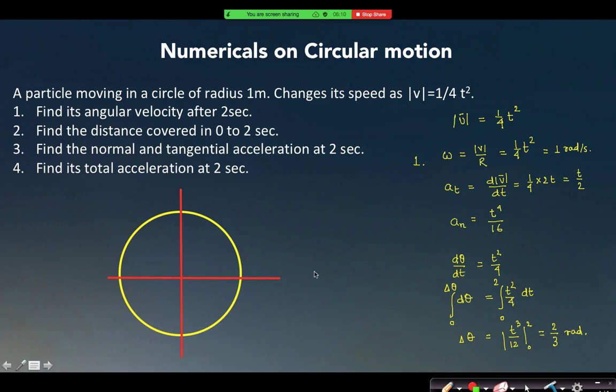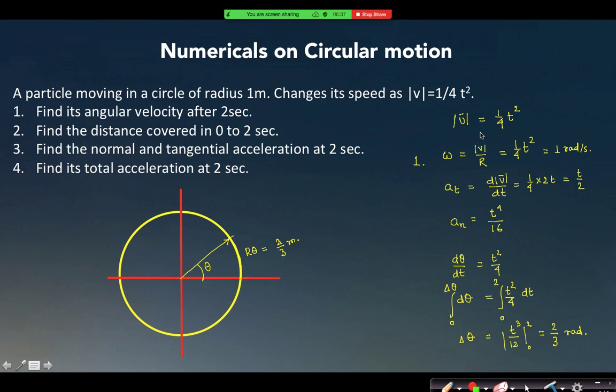Suppose the particle was initially here and finally the particle is here. So the angular displacement of the particle is theta. What is the distance traveled by the particle? It is r theta. So your answer should be r is 1 into theta. So 2 by 3 meters should be your answer in this question.